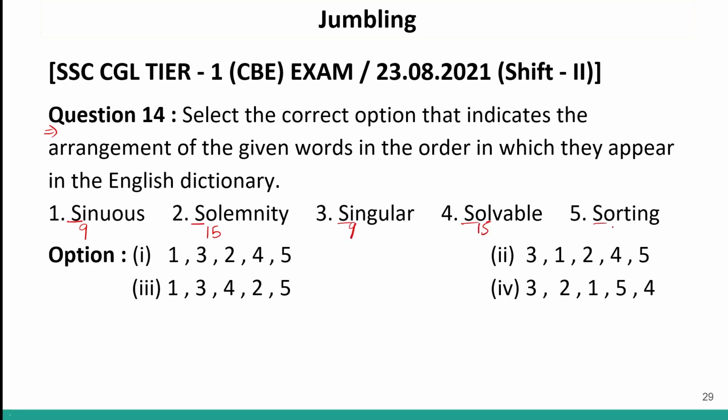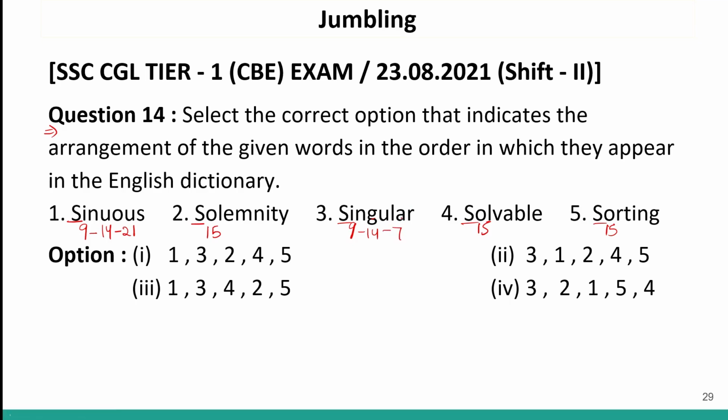O is 15. And O is 15. So between sinus and singular, after I we get N, which is 14. Here after I we have N, which is 14. So same. Next, let us move on to the next letter. We have U, which is 21. And here we have G, which is 7. Clear?